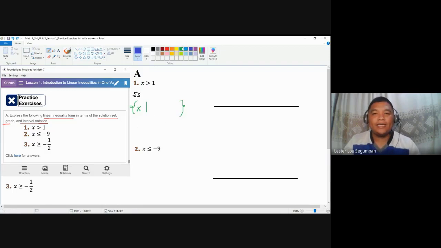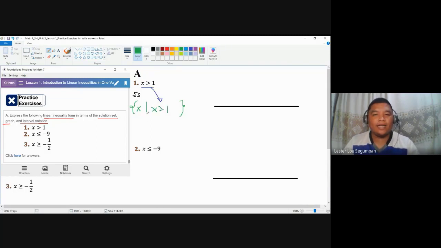We are going to place here a statement which could describe the values here. So again, you might say 2, 3, 500, 1 million, 1 and 1/2, 1 and 1/3, 1 and 1/4. And what are they? They're actually, as a whole, x greater than 1. So in writing solution sets for linear inequalities, simply, the easiest way is to copy this, place it there, and then your solution set is x greater than 1.